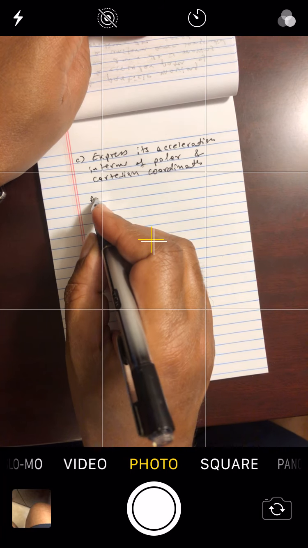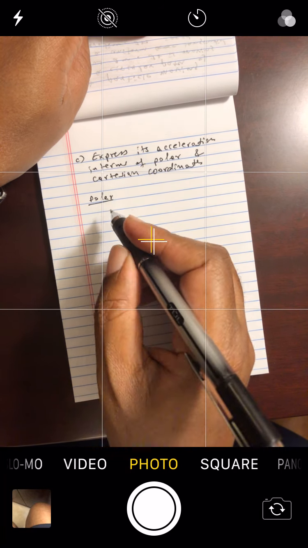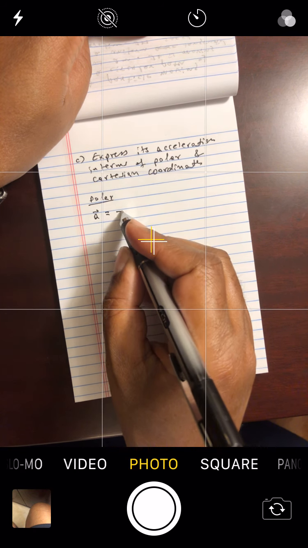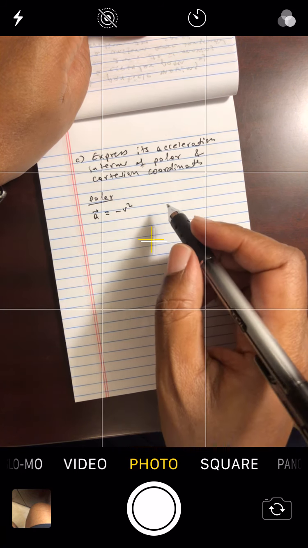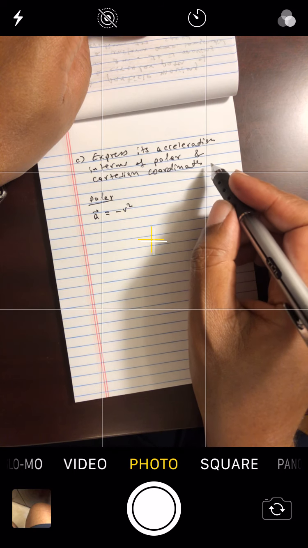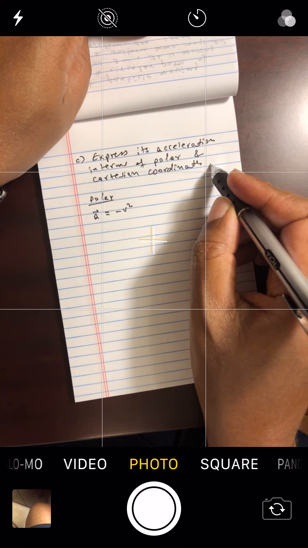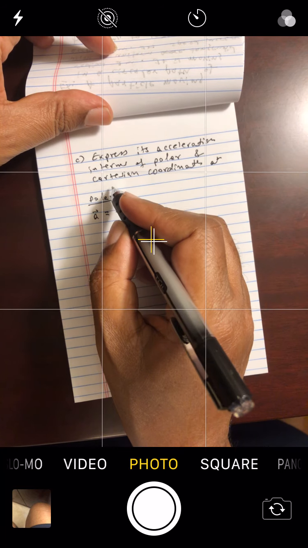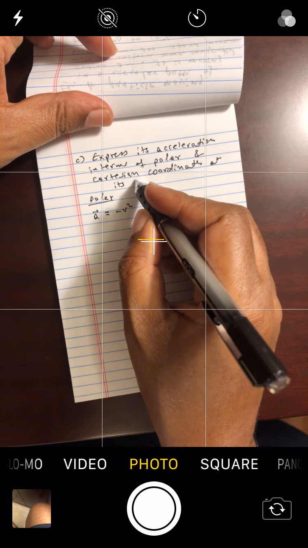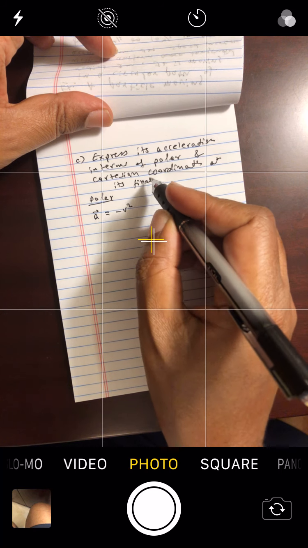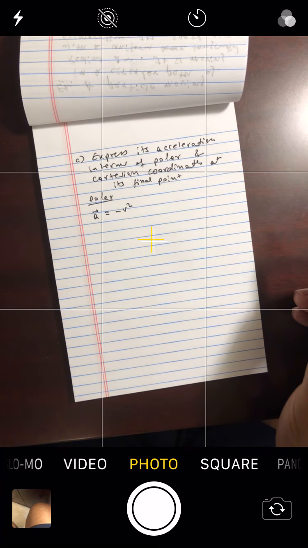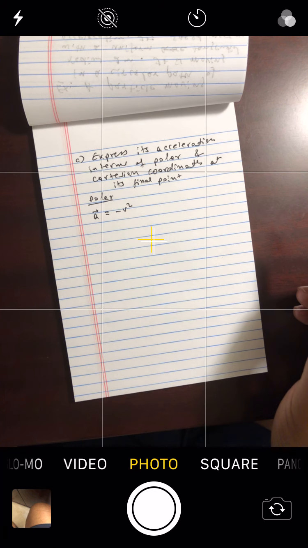Okay, let's start with polar. The formula for polar acceleration is A equals negative v squared, let's say at its final point, that is, the speed is 10 meters per second, all right?